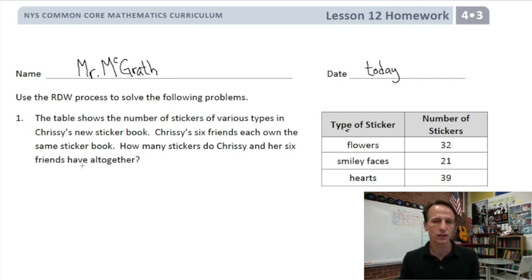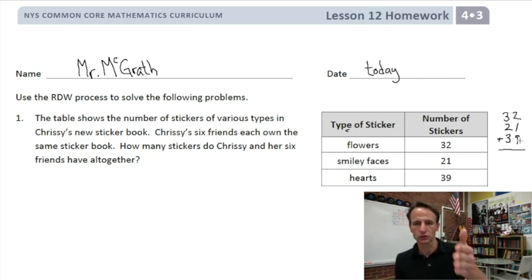Let's think this out. So drawing, we know that, let's kind of put these together to start with. We know we're just looking at total number of stickers is what we want to find. So over here, let's say, okay, 32 and 21 and 39. Let's put those together just so we have a single figure to work with instead of these 3 separate by category stickers.